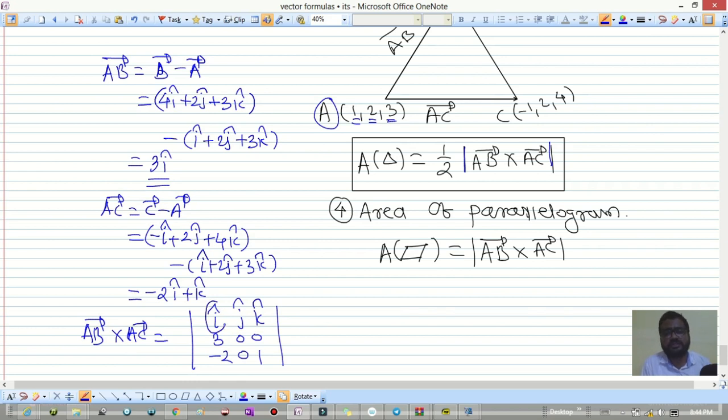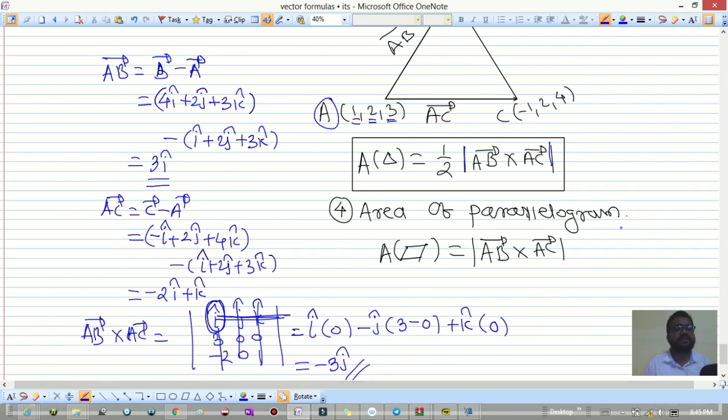I told this in the other videos also. You can watch that. So i hat firstly you have to consider, then remove this column and the row. You will get i hat in bracket 0. Then minus j hat, remove this column and row, you will get 3 minus 0. Plus k hat, then remove this and this, 0. So you will get minus 3j hat. So I hope this is clear.